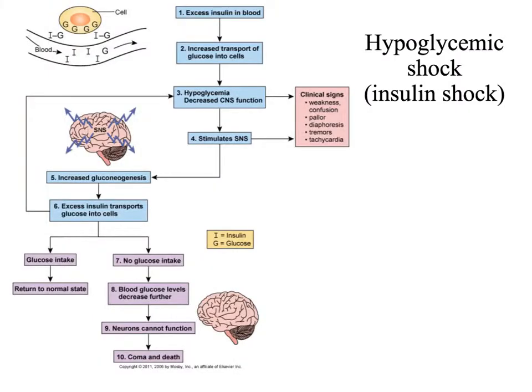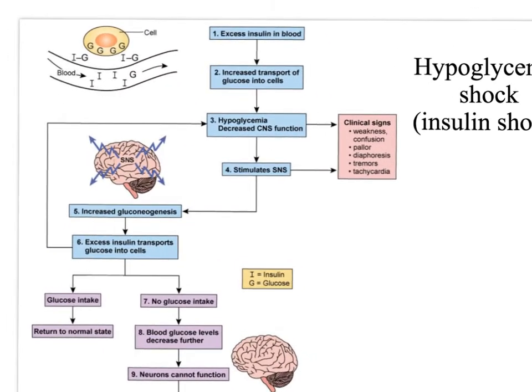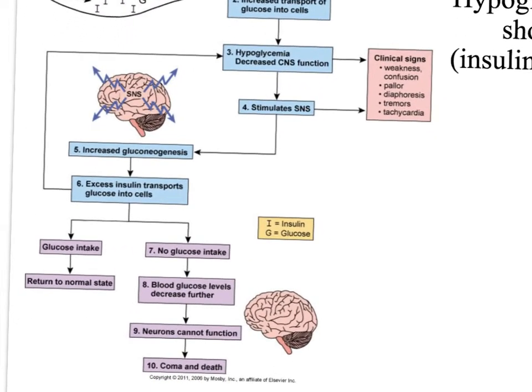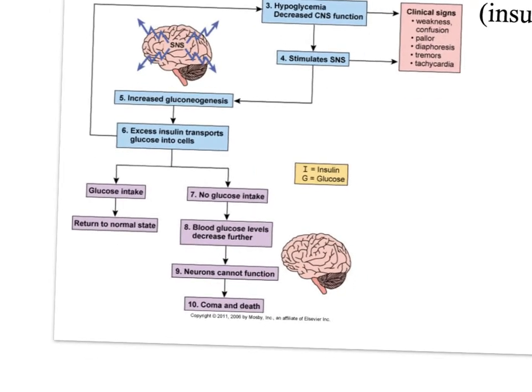Okay. Let's talk about hypoglycemic shock. So we talked about hypoglycemia, right? We know what that is: low blood sugar that causes weakness, confusion, all of those types of things. What makes it shocky is when it's prolonged low blood sugar, causing neurogenic and then cardiogenic shock.